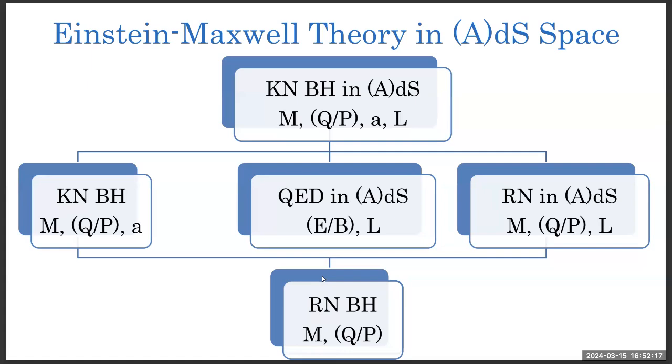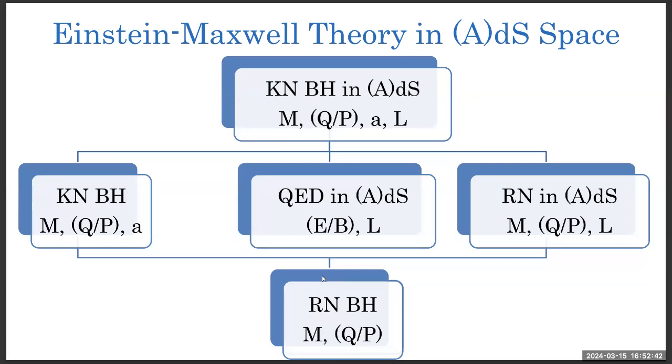I did not talk about other dimensions. Actually, that is the Einstein-Maxwell theory. In de Sitter or anti-de Sitter, the black hole can have a mass, electric charge or magnetic charge, angular momentum or spin, and the radius of dS or AdS, or lambda.